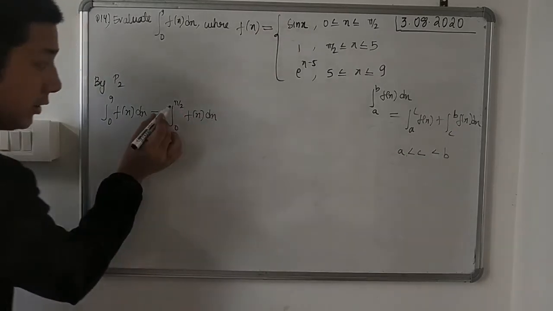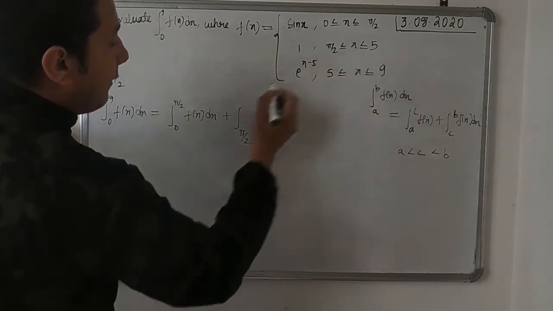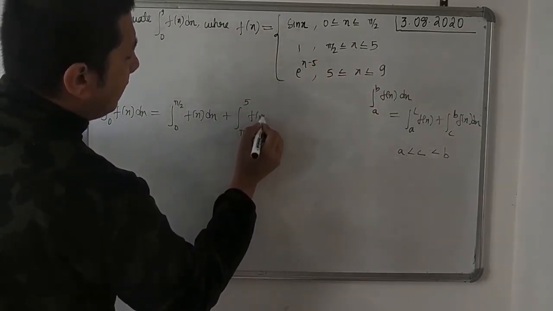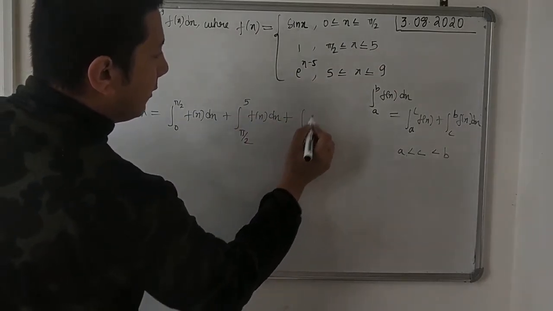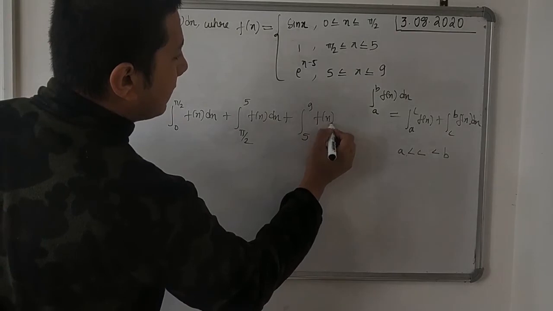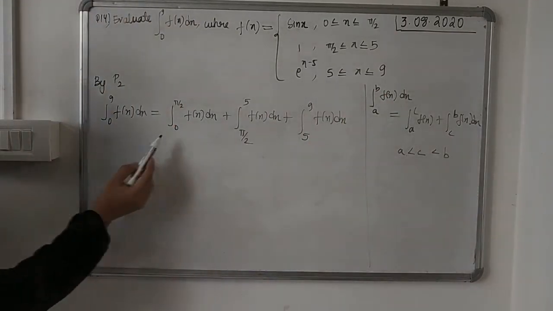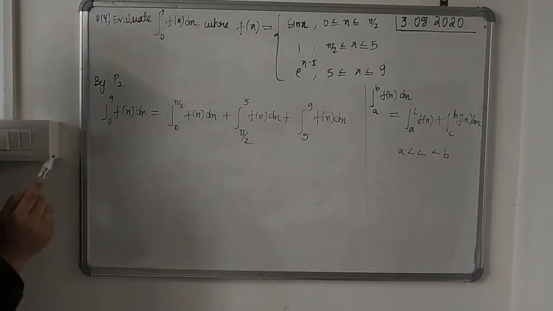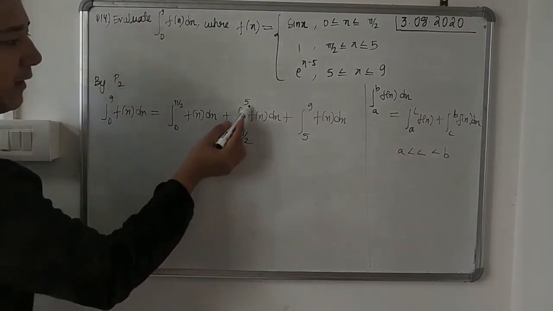Now I have to continue from 90 only, 90 to what? 90 to 5 of f(x) dx, very simple. And then from 5 to 9 of f(x) dx. So now it has been completed. I've broken 0 to 9 down into 0 to 90, 90 to 5, and 5 to 9.